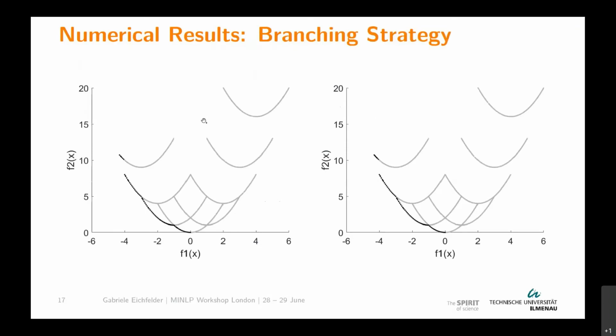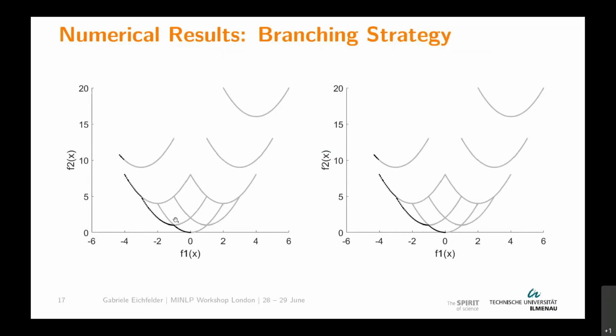And first we studied the impact of the branching strategy. So we have had two branching strategies. And here, for this instance, you can see that there is no difference. So here the gray curves are obtained just by a pure discretization of the problem for illustrating how the image set looks like. And only the black dots come from our algorithm and are the output of the algorithm.